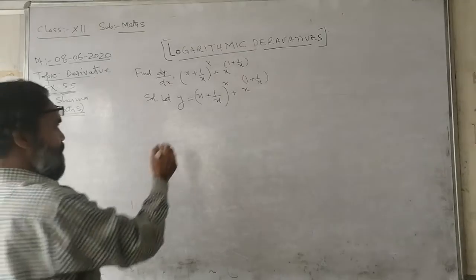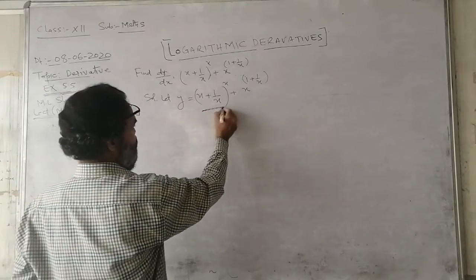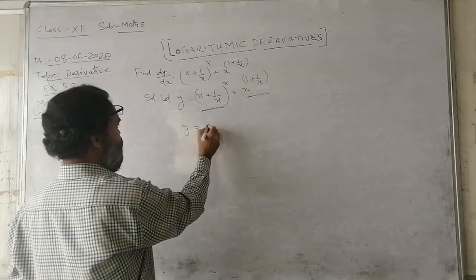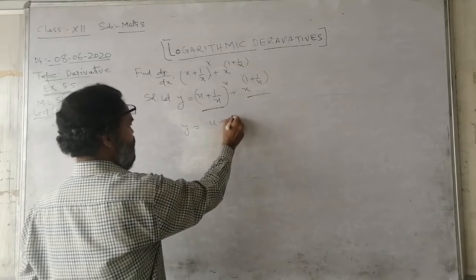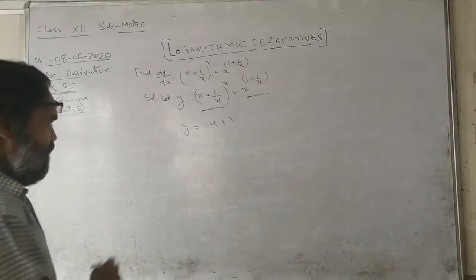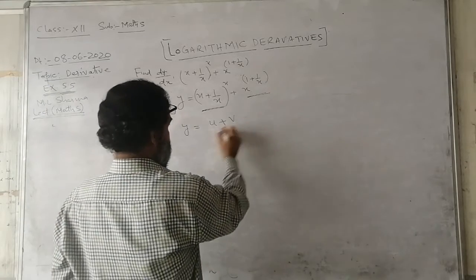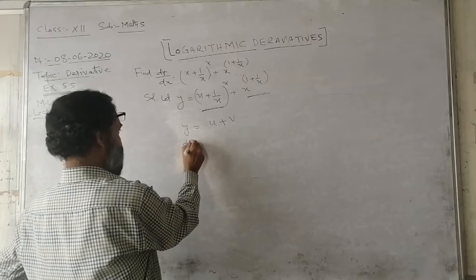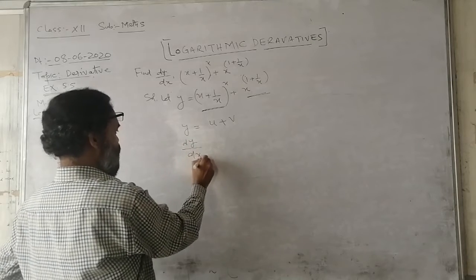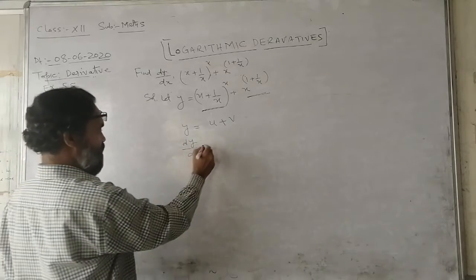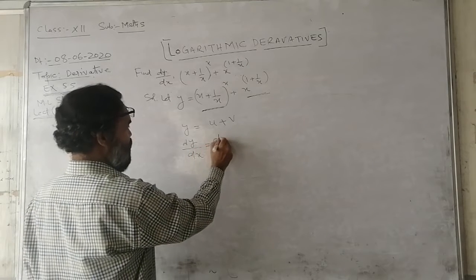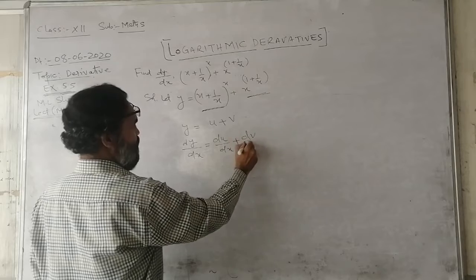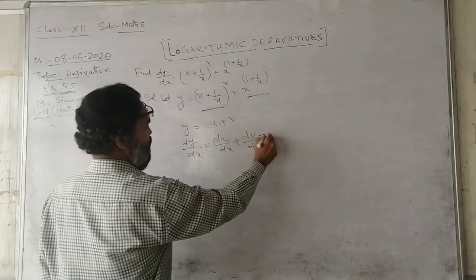So we can put this as u and this as v, or y equal to u plus v. If I take derivatives of both the sides, so I will have dy upon dx equal to du upon dx plus dv upon dx.